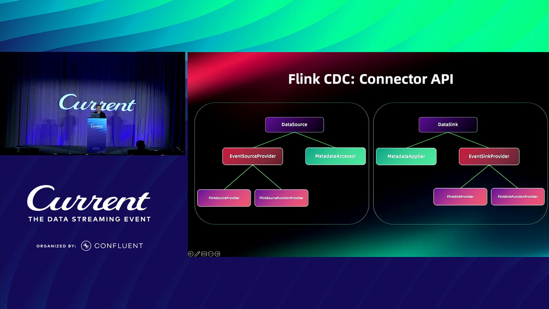About the connector API design for the Flink CDC YAML pipeline, you can see the Flink source provider and Flink source function provider at the bottom of this slide. Because we consider reusing the existing Flink connector APIs like source and source function to reduce our development cost.